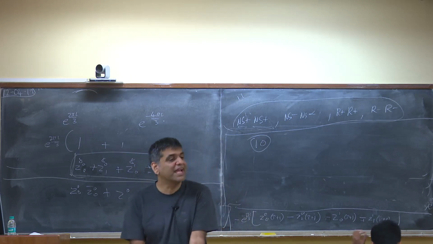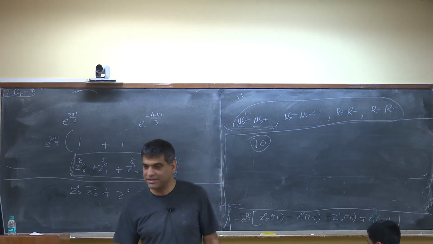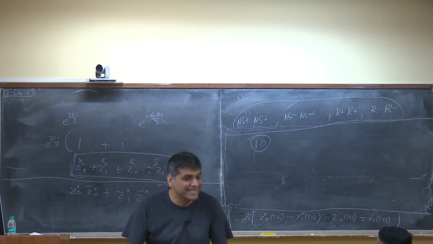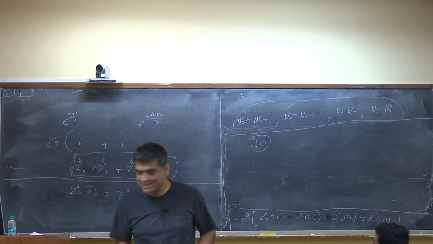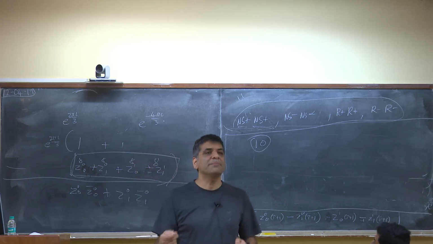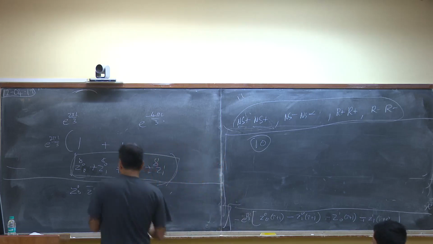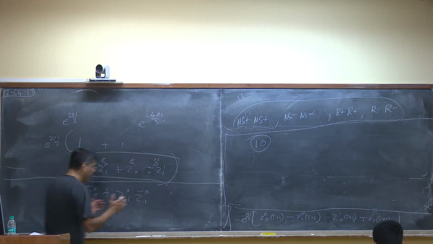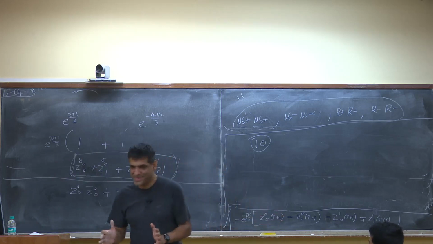Now let's first try experimentally. What is the simplest C equals 16 conformal field theory that we know? We want something that makes sense as a conformal field theory by itself, because the other parts are going to work by themselves.